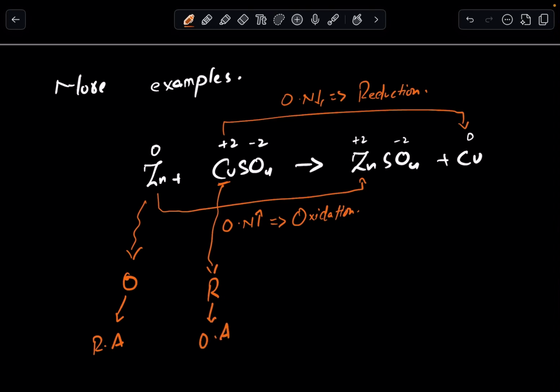This is the trick. You can easily identify the oxidizing agent, reducing agent. Or you can simply look at it that the zinc reduces copper sulfate. If zinc reduces the other substance, so definitely it is the reducing agent. If copper sulfate oxidizes other substance, then it must be oxidizing agent.